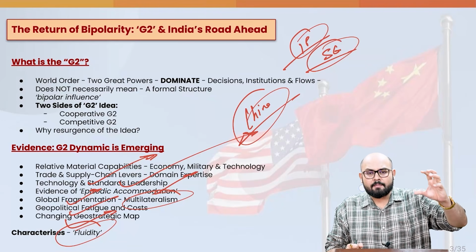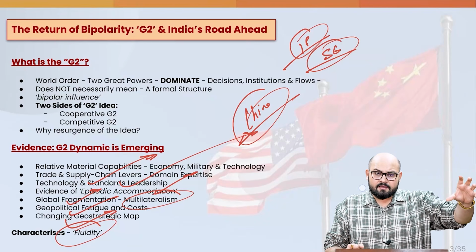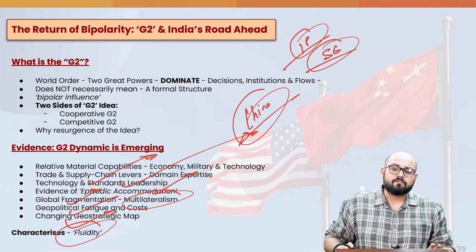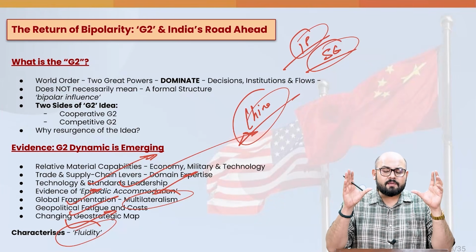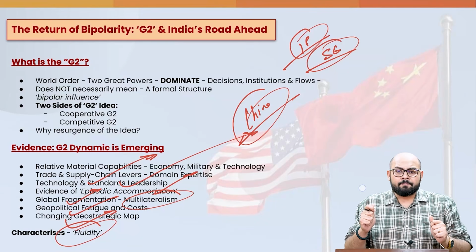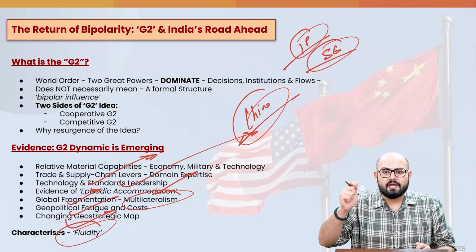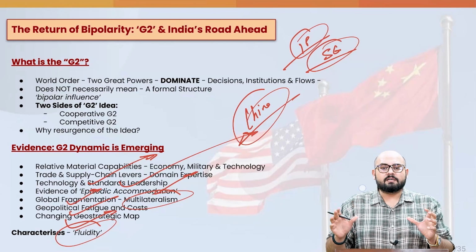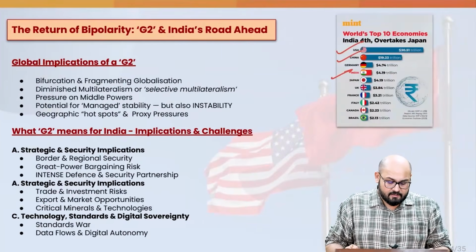They are coming together sometimes, taking calls primarily based upon their own national interests, but there is no phase of constant cooperation. That is what you will have to understand. But in the whole picture, what becomes really important is to see that whatever they are doing, it is primarily based upon their own interests. And some way or the other, it is compromising the interests of the other countries, primarily the middle powers, right?